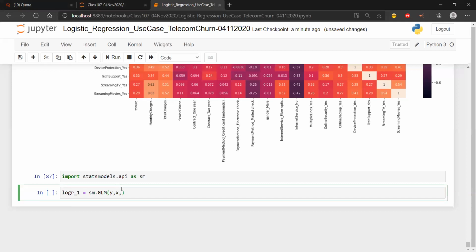Now this family variable is really very important, and I'm going to explain this. The family variable is going to consider what kind of logistic regression model or what kind of function we want, right? We have a problem statement where we have two kinds of possible outcomes, 1 or 0.